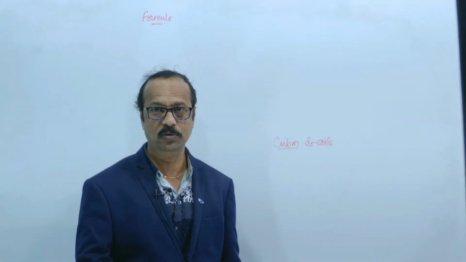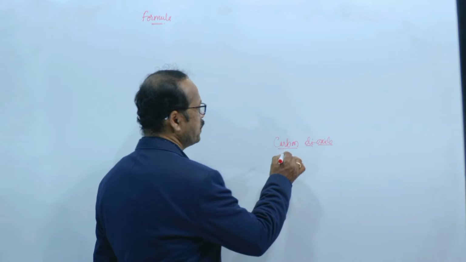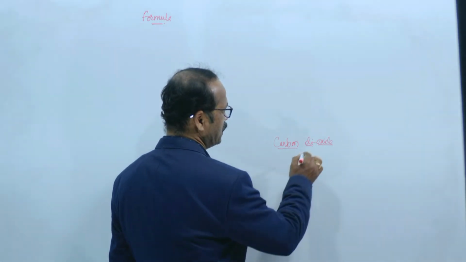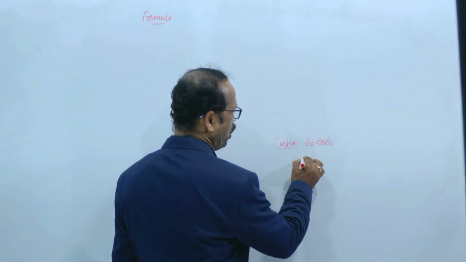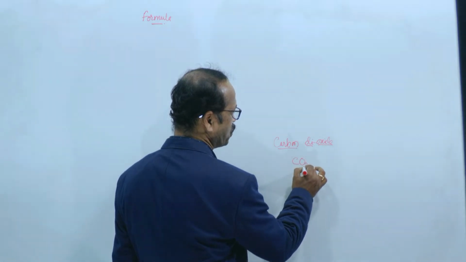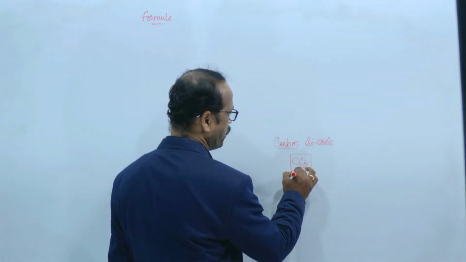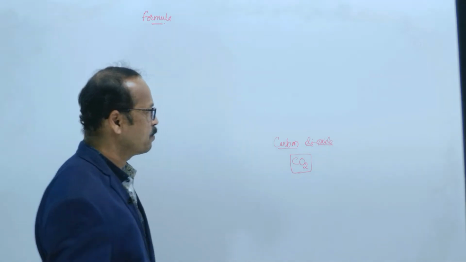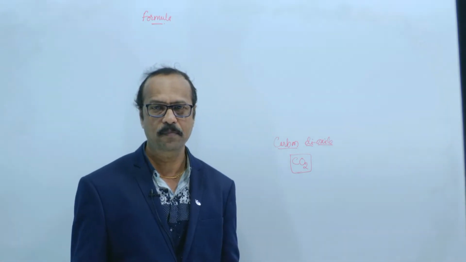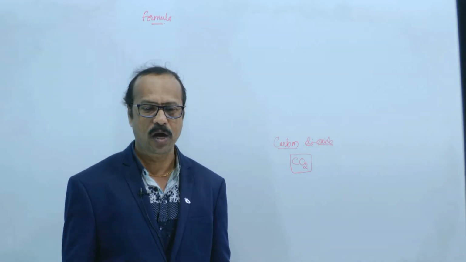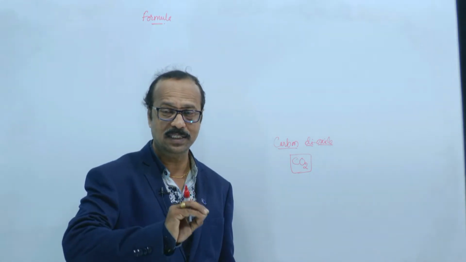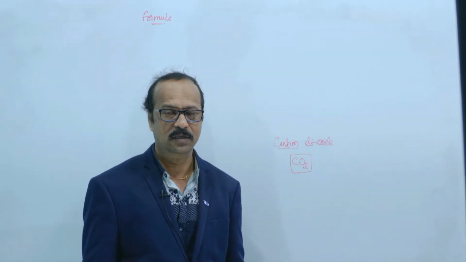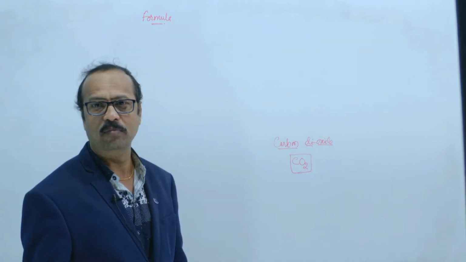How? Just by using the symbols. Carbon is C, oxide means O. How many oxygens are there? 2. Di means 2. So CO2. Now we have written carbon dioxide in a short way as CO2. How did we write it? By using symbols and numbers. So this is known as a formula.